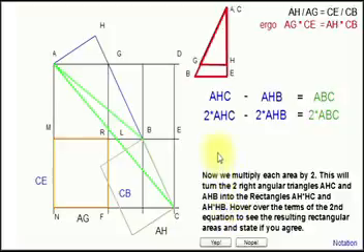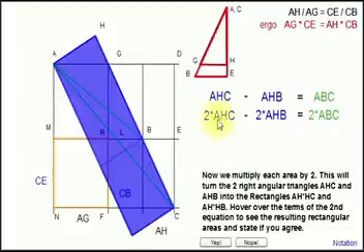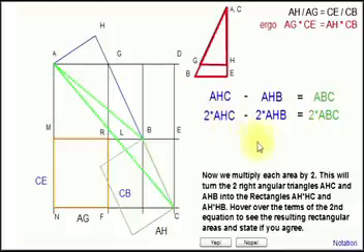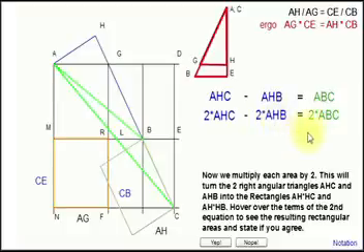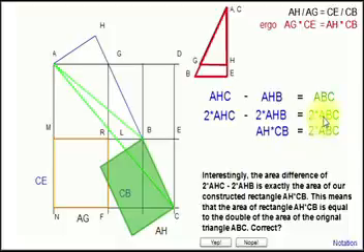And when we look at the rectangles now, as a result of a doubled right angular triangle, you see that 2AHC is this rectangle, and when you subtract from it 2AHB, which is this one, you get, as a result, 2ABC.